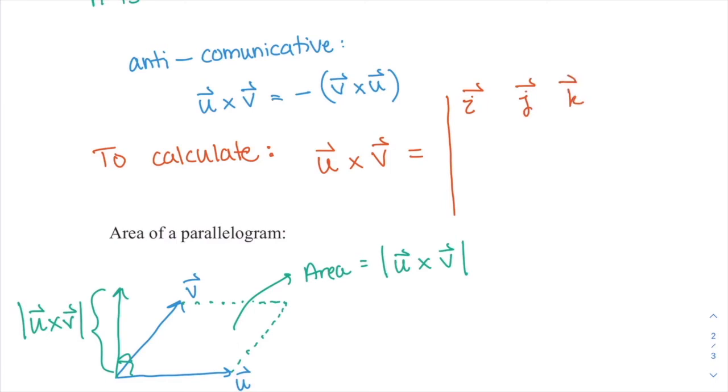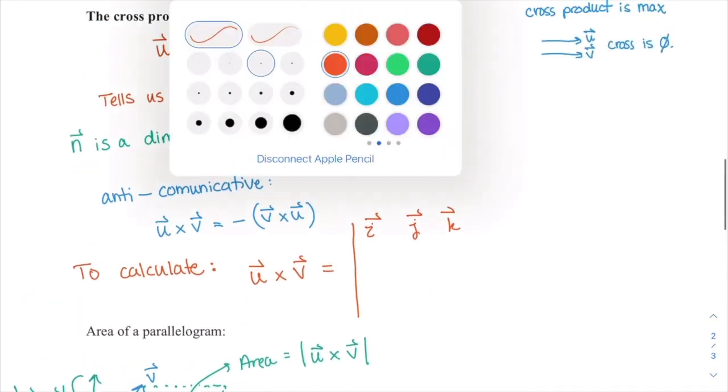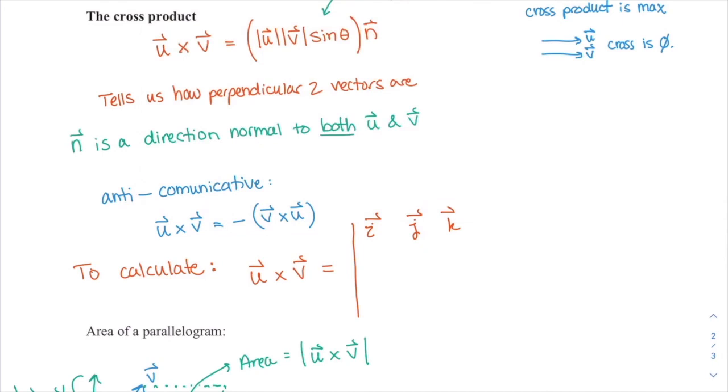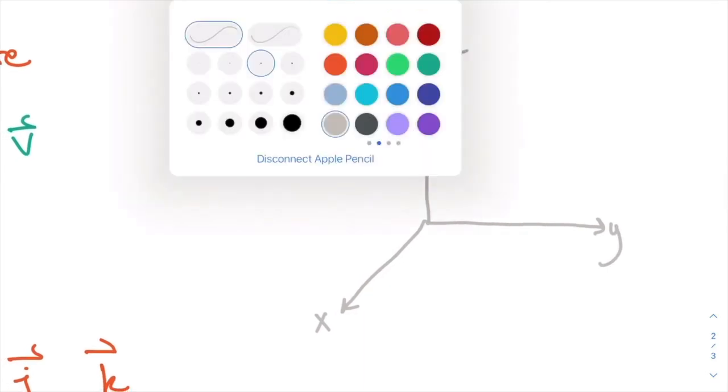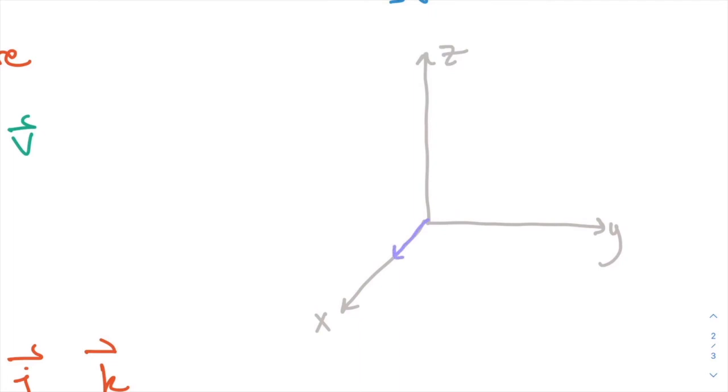Remember from linear algebra, those are the three vectors in each of the unit directions. So if we have our coordinate system, which is X, Y, and Z, then this is I. I is the unit vector in the X direction. J is the unit vector in the Y direction. And K is the unit vector in the Z direction.